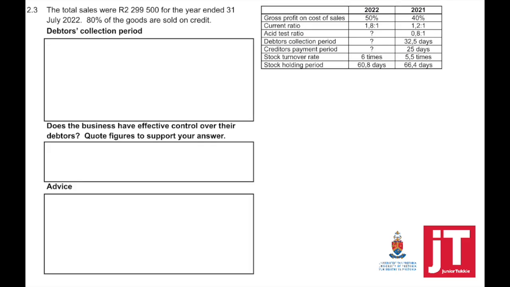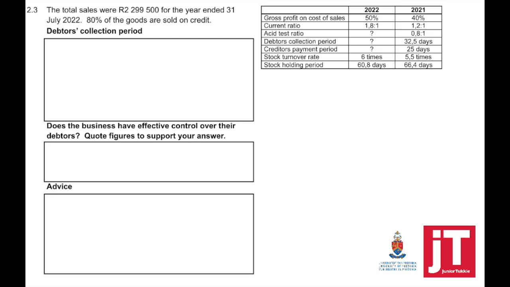Question 2.3. The total sales were 2,299,500 for the year ended 31 July 2022. 80% of goods are sold on credit. When we're calculating the debtors collection period, we must take our credit sales. Do not take your total sales. Sales consist of cash and credit.